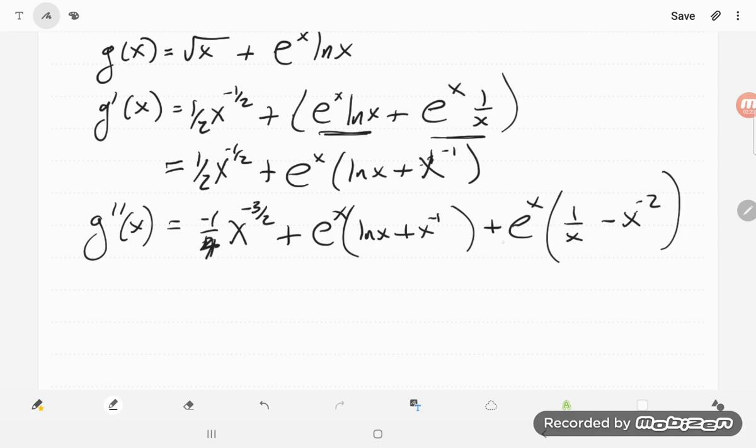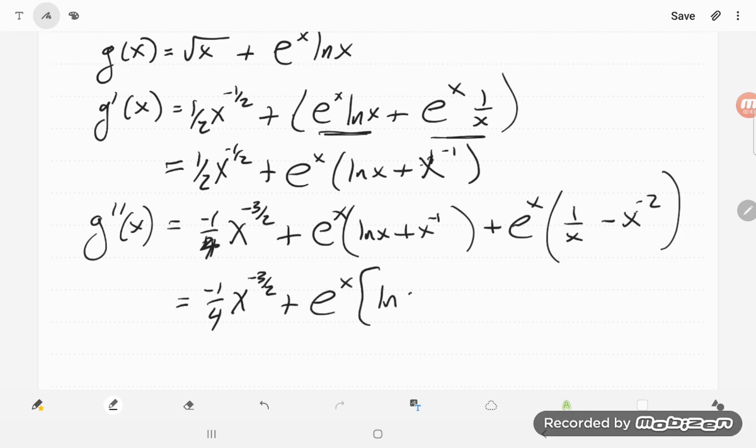So, I have a couple of the x to the minus 1s. This is the answer. I don't see any great ways to make it extremely nice looking. I got negative 1/4 x to the 3/2. Now I've got e to the x and all the other terms, so I could write e to the x.